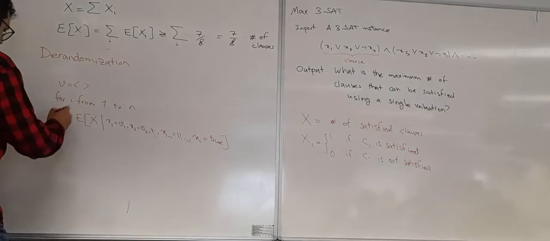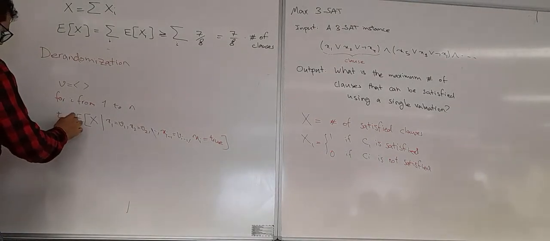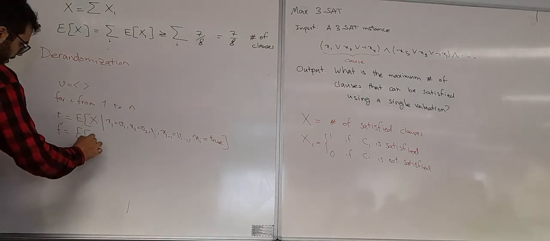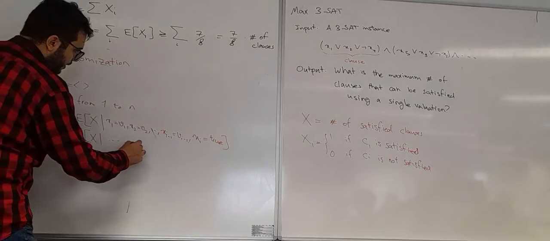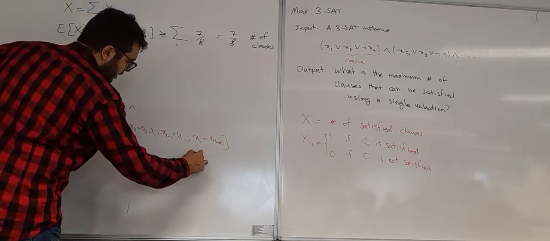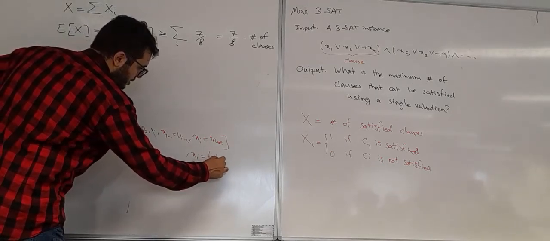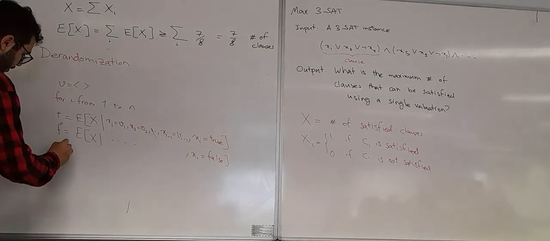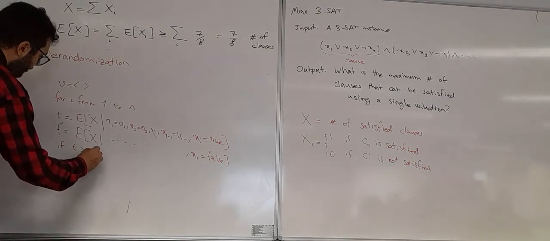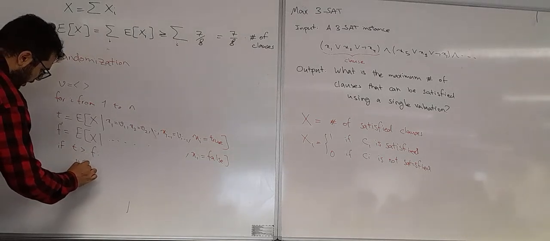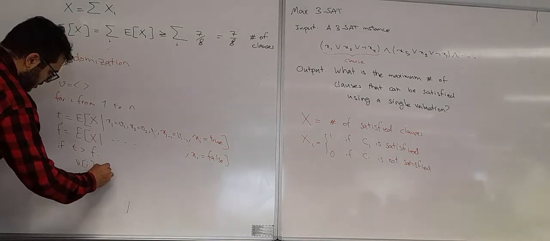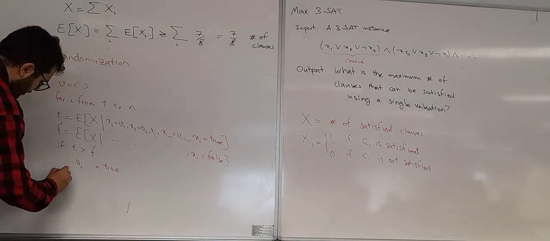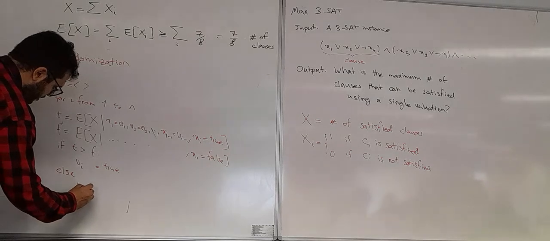So this is the first value that I compute. Let's call it t. And then I compute f, which is the same expected value. So I keep all the values that I had for the previous variables, and I set xi to false. Okay? And then I say if t is greater than f, then just set vi to be true. Otherwise, vi is false.